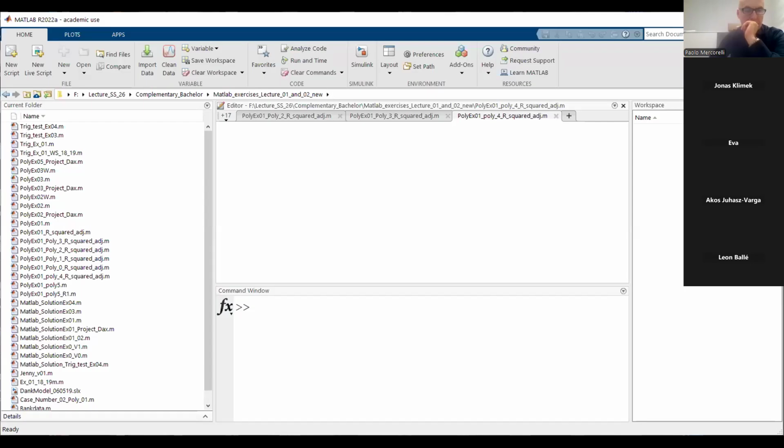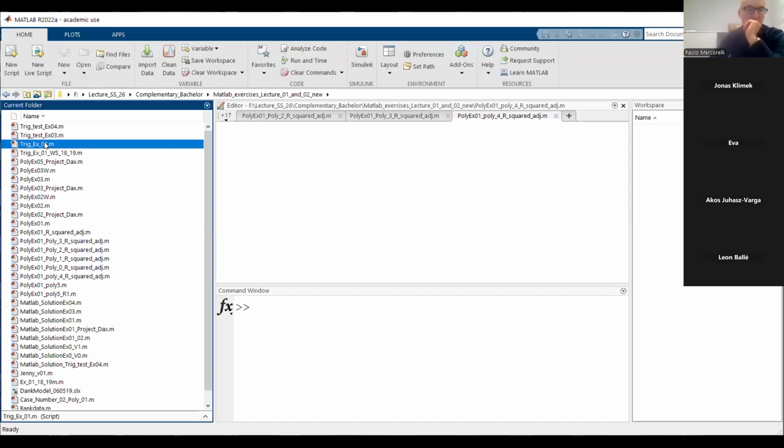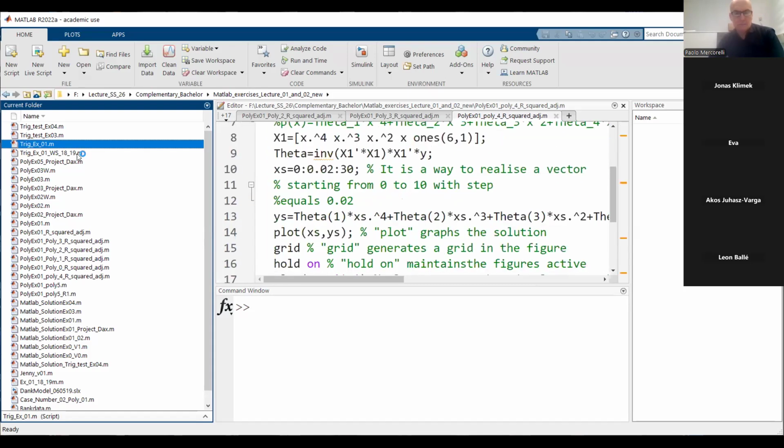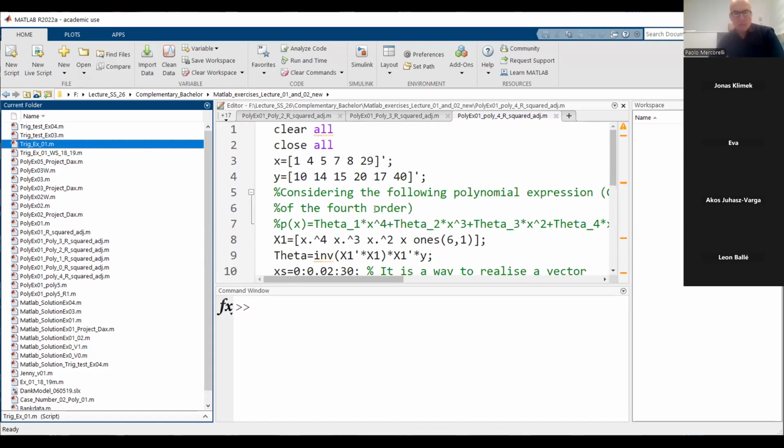Do you see MATLAB? Yeah, here. I hope that I share. Okay. Let me open, I think, this one. Let me see if it's really this one. I'm opening this.